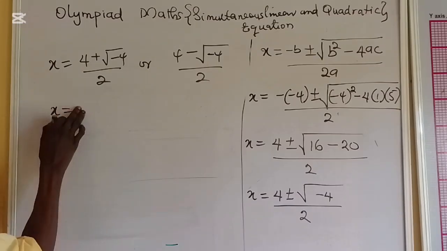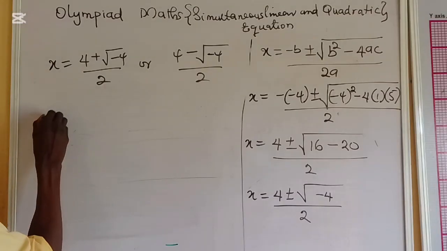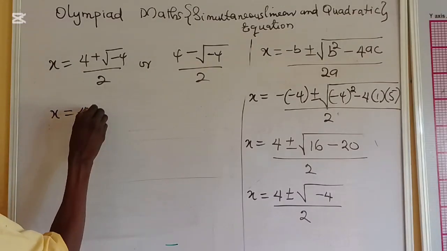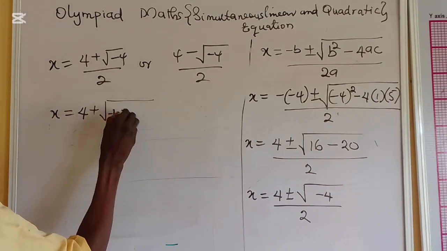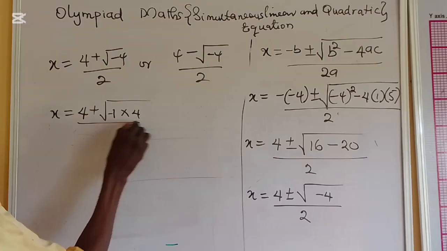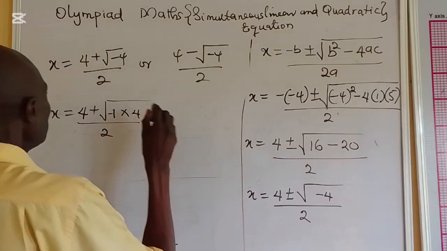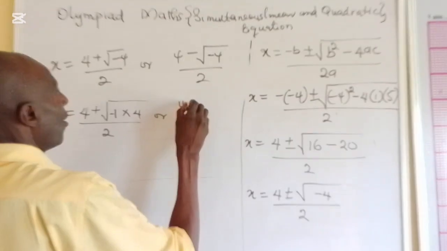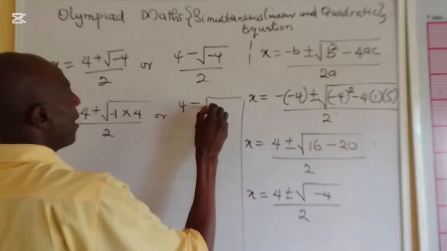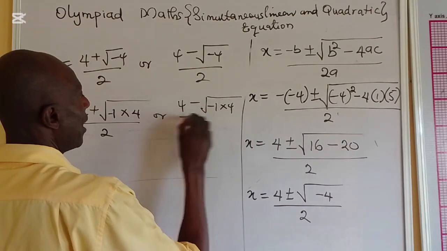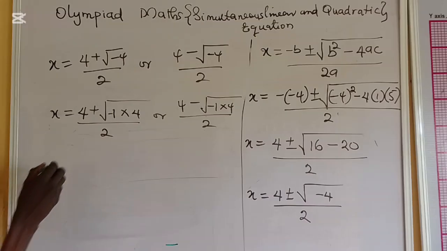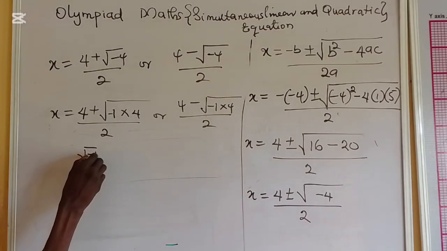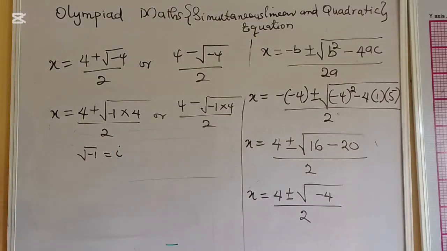Okay, x is equal to 4 plus, we have here root of minus 1 times 4 over 2. Now, here is 4 minus root of minus 1 times 4 again over 2. And what is the root of minus 1? The root of minus 1 is equal to i.